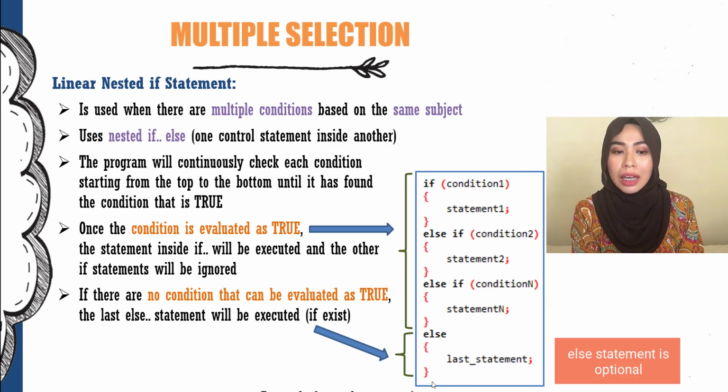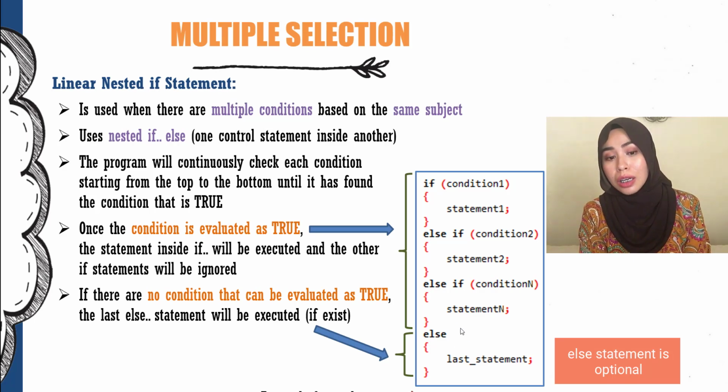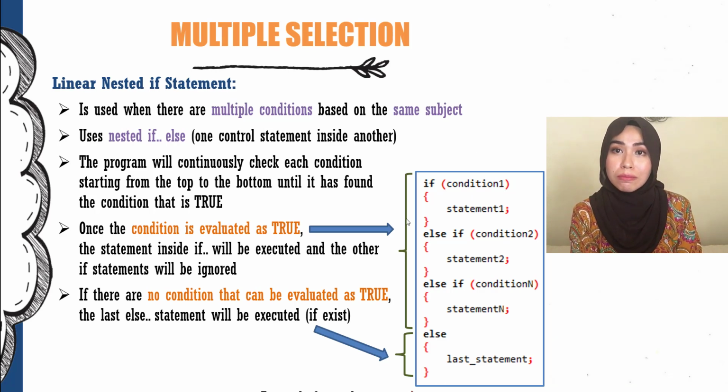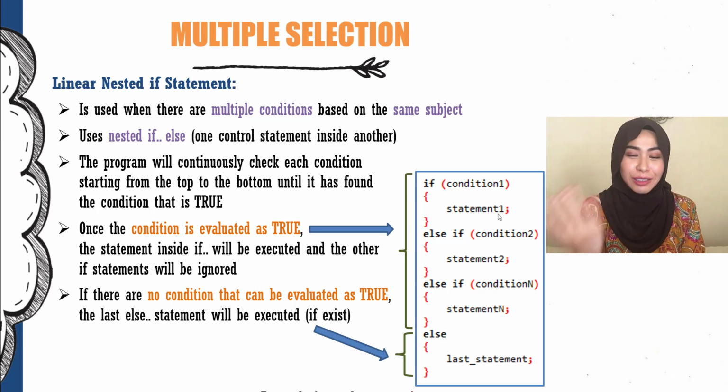You don't have to place an else statement every single time you do an if statement. It will only be placed if you want to do something if these conditions are false. You will understand a bit more once I show you the examples.